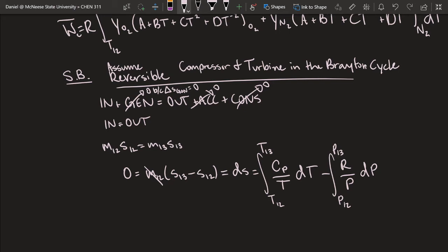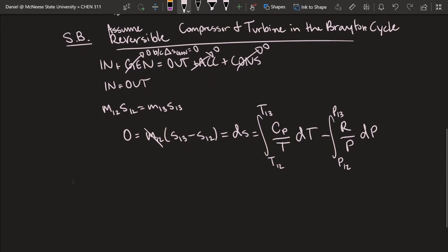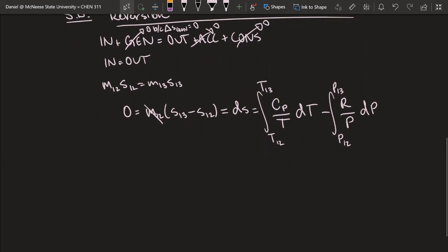Except this time our CP, again, is changing, so we have to plug in that whole value. But the R over P term doesn't have to change. The only thing that needs to change, that's dependent on each component, is the CP, because the CP values change.